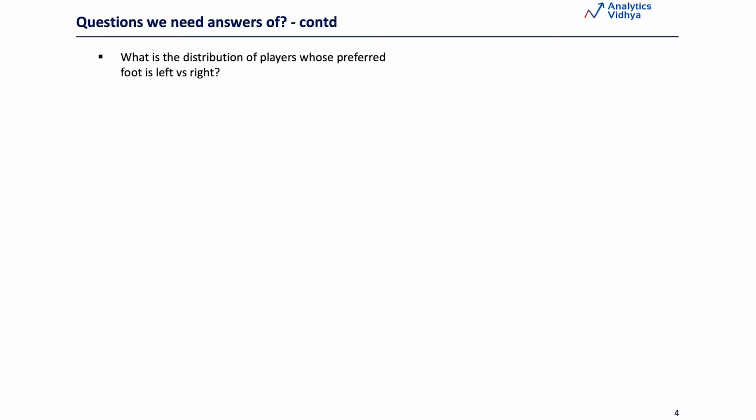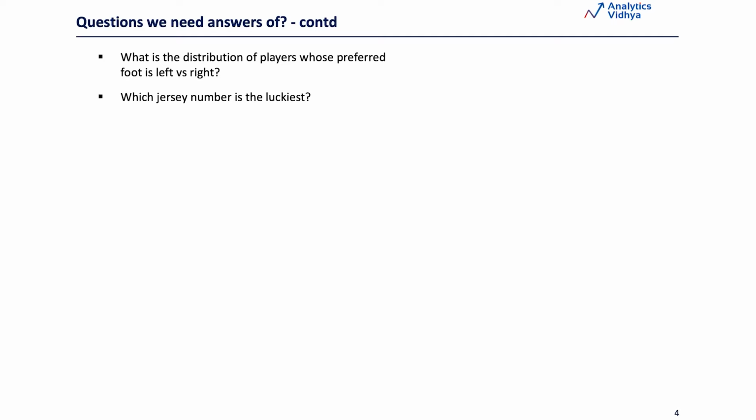Next question is I want to figure out what is the distribution of players who prefer left foot versus right foot, or which jersey number is the luckiest. Now these kind of questions where you are asking which jersey number is the luckiest, what is lucky, how do you define lucky, that's really important.